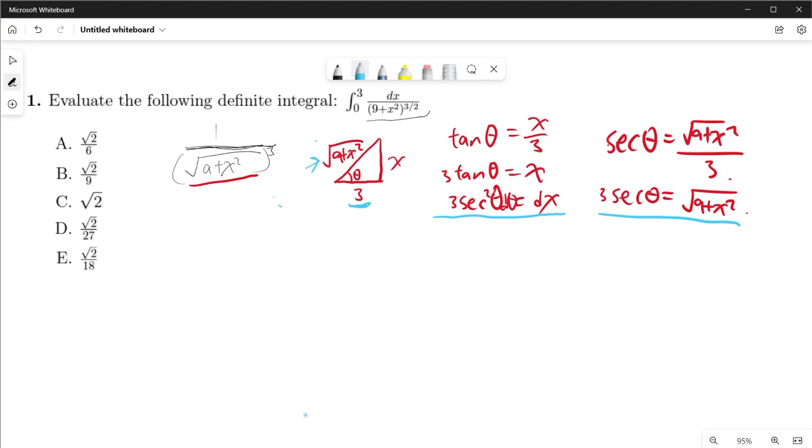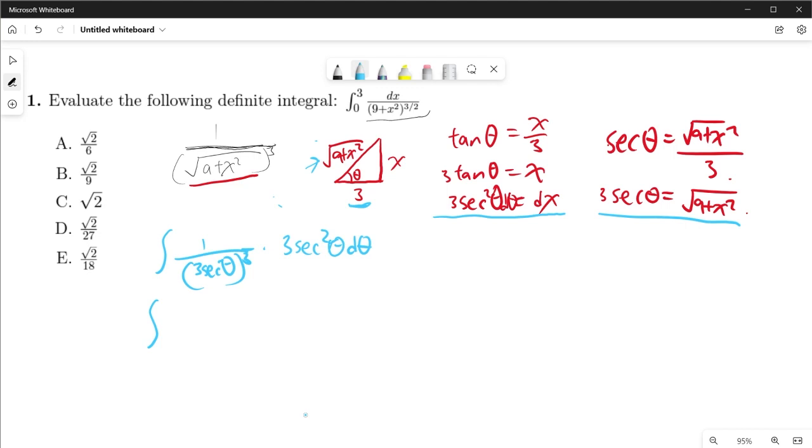Alright, and then the integral would be 3 secant theta cubed times 3 secant squared theta d theta.